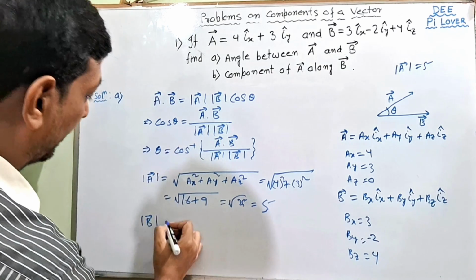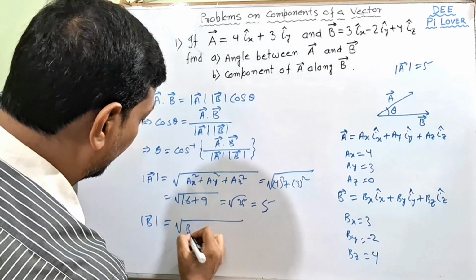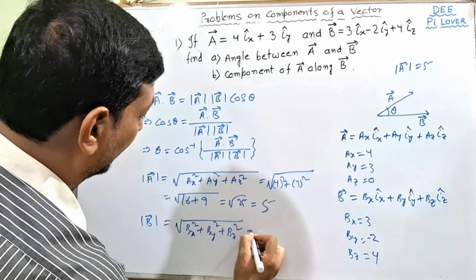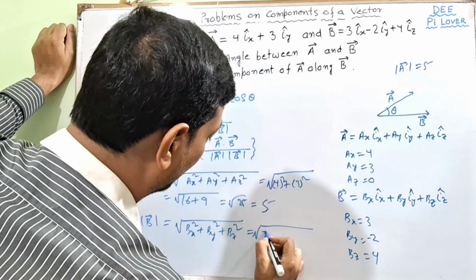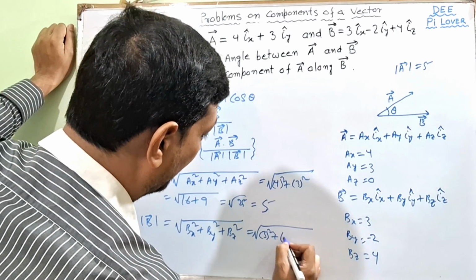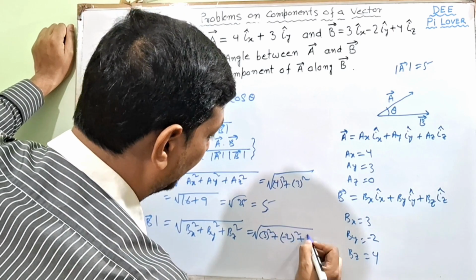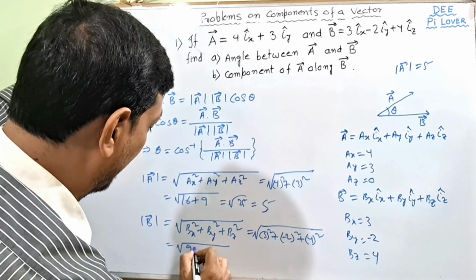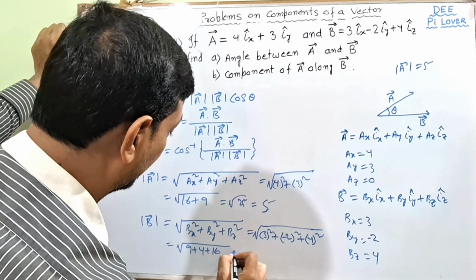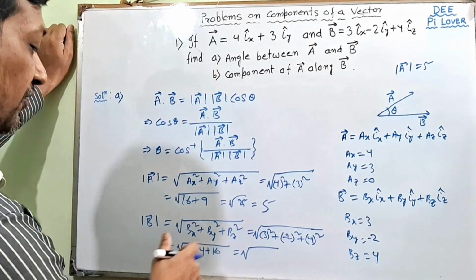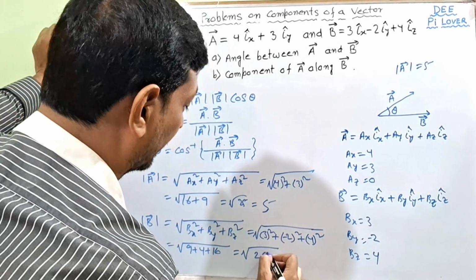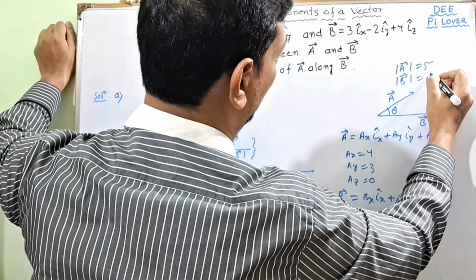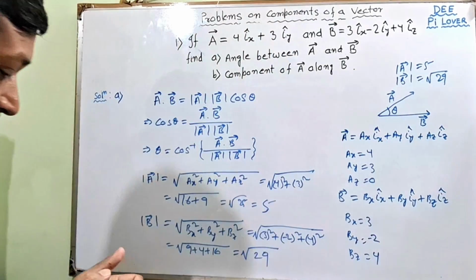Now we will calculate mod B equal to root over BX square plus BY square plus BZ square, equal to root over 3 square plus minus 2 square plus 4 square, equal to root over 9 plus 4 plus 16, equal to root over 16 plus 4 is 20, 20 plus 9 is 29. Then mod B vector equal to root over 29.